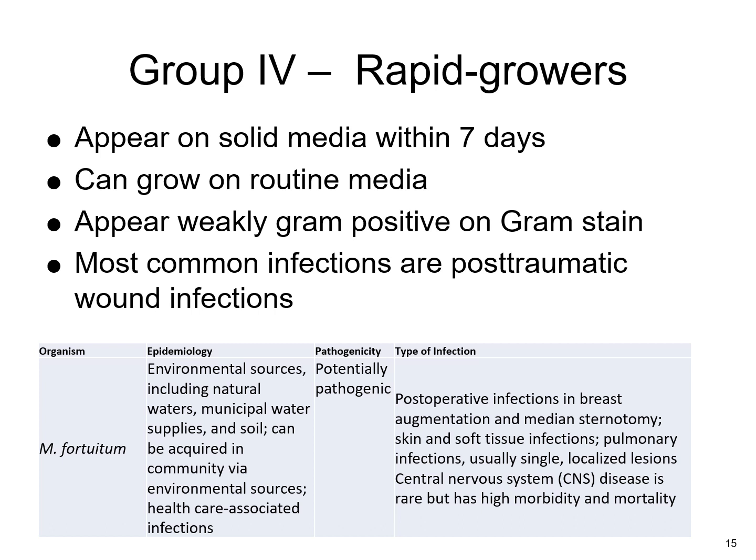You can see these infections post-operatively, like with a breast augmentation. You can find them in skin and soft tissue infections, pulmonary infections, and different localized lesions, which can be rare, but if they are found within the central nervous system, they usually have a very high morbidity and mortality rate.